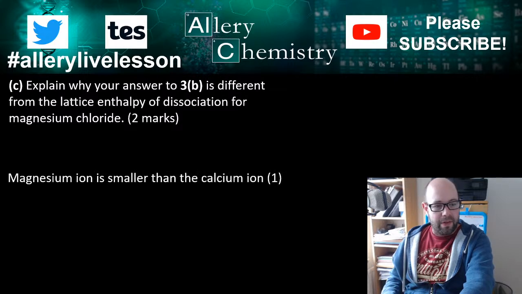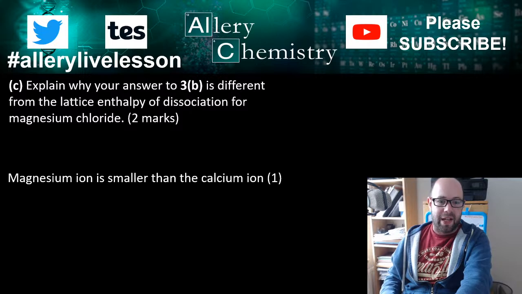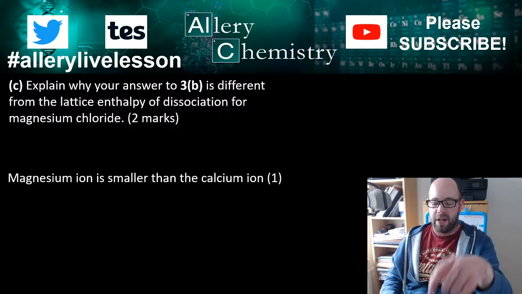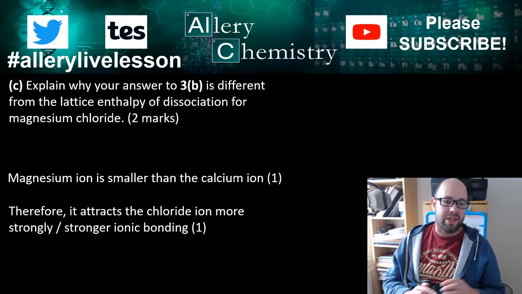So the first one: the magnesium ion is smaller than the calcium ion. If you look in your periodic table, magnesium is higher up, so it's smaller than calcium. That gets you 1 mark. And the second mark is that therefore it attracts the chloride ion more strongly, or you have stronger ionic bonding.